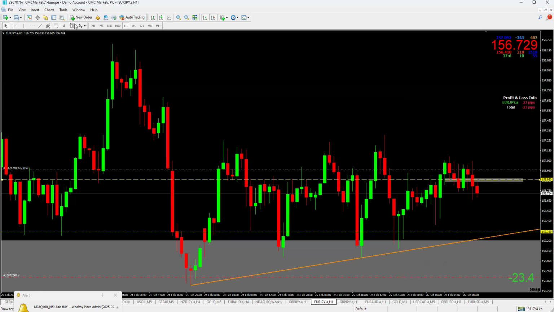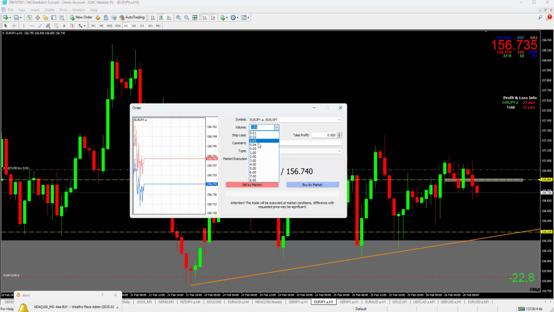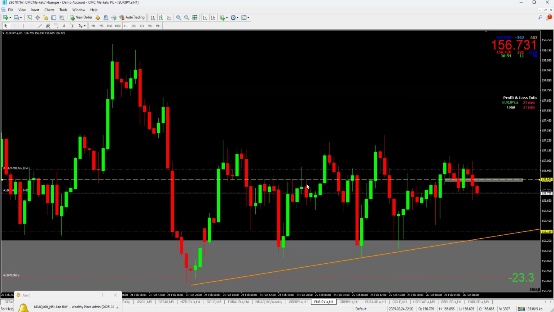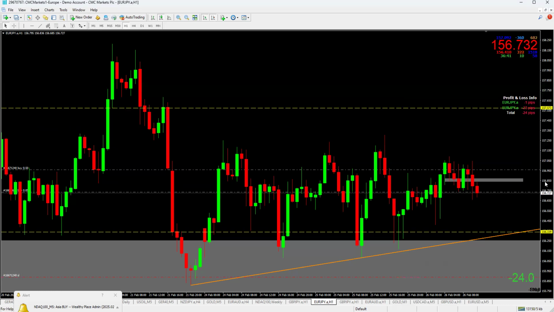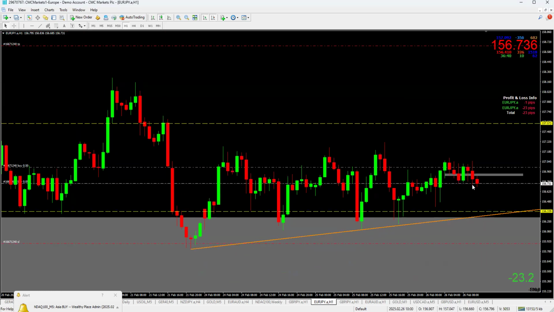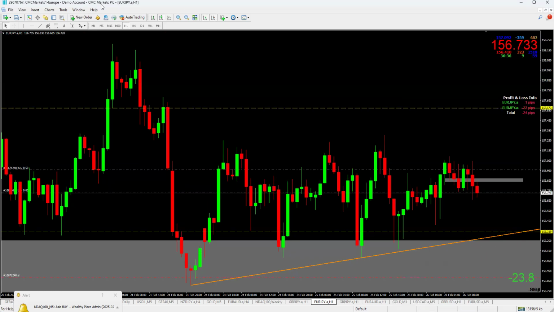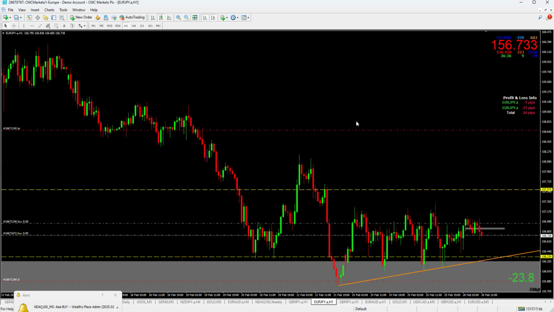So I'm going to enter another trade here. This is a demo account, so don't do that. I just want to enter it so that we're as close to the entry in the room as possible. Obviously, we still have all this stop loss. Like I say, I believe we have bottomed and it's going to go up.